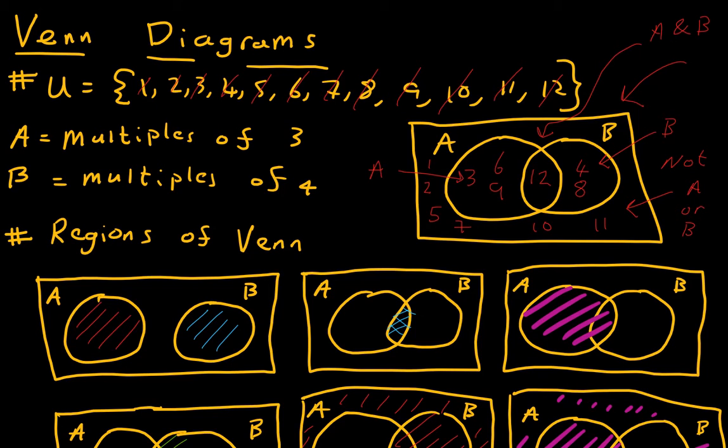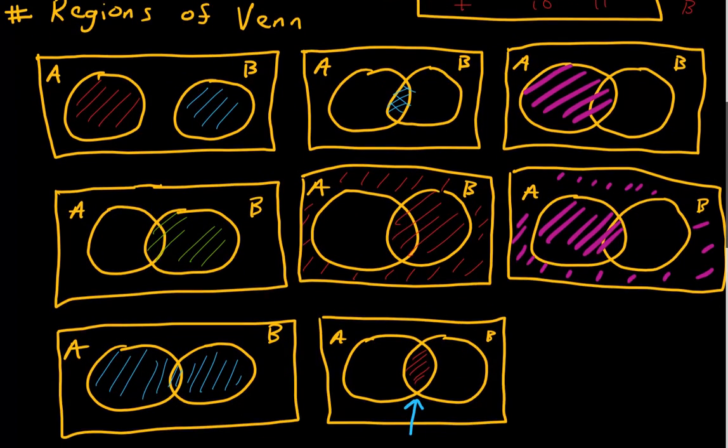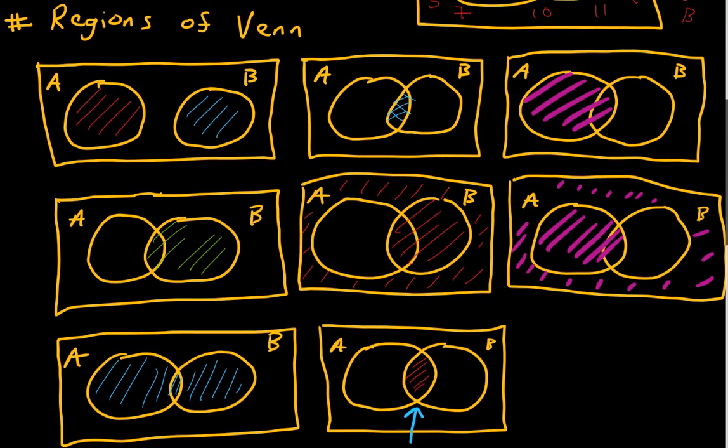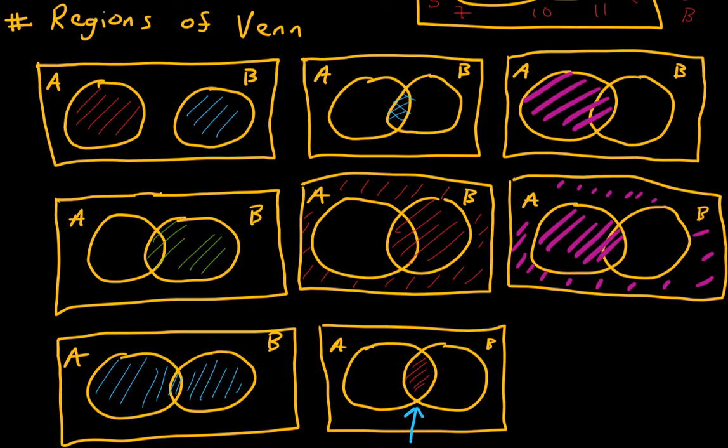Okay, so let's have a look at the various regions of the Venn diagram. The different regions are quite important because we're often asked questions about numbers in particular regions or probabilities in particular regions.